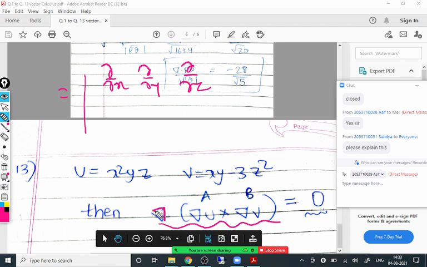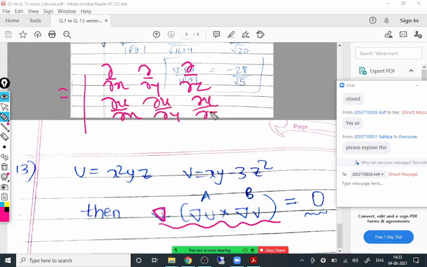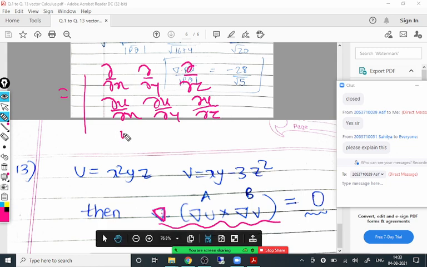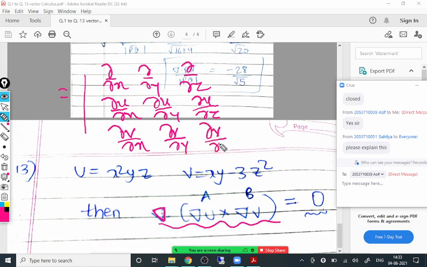Now, components of del u will be dou u by dou x, dou u by dou y, and dou u by dou z. Then components of del v will be dou v by dou x, dou v by dou y, and dou v by dou z. Now you can expand this determinant. You should get the answer 0 there. So this is one way.